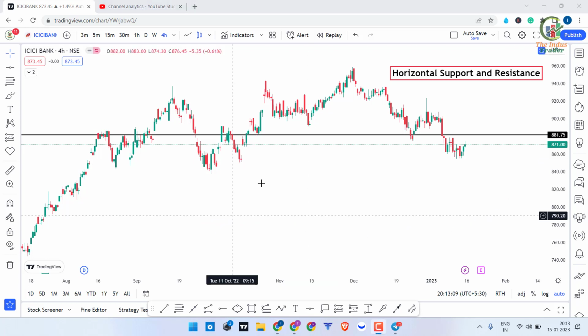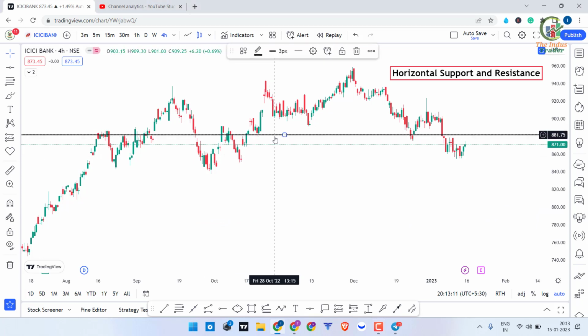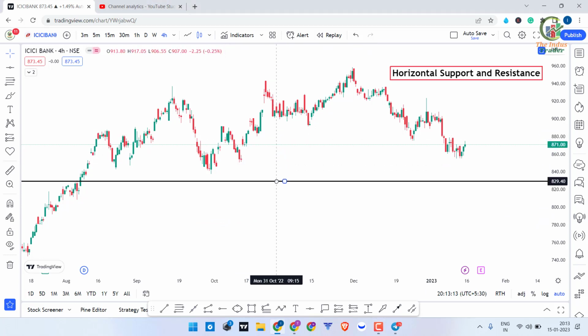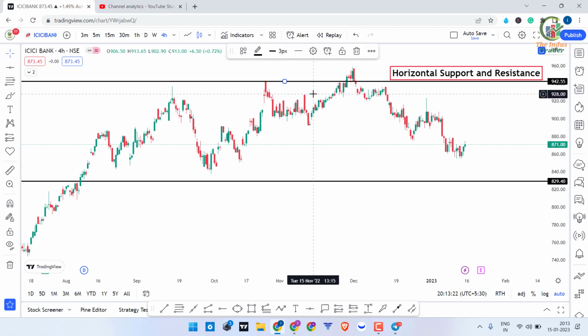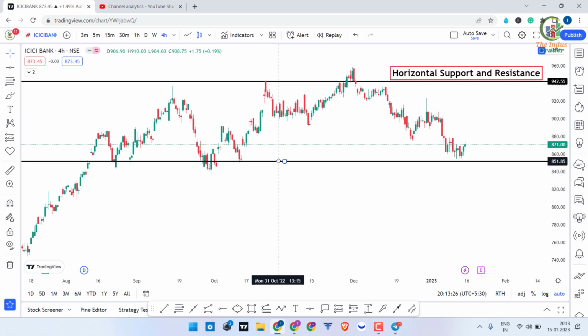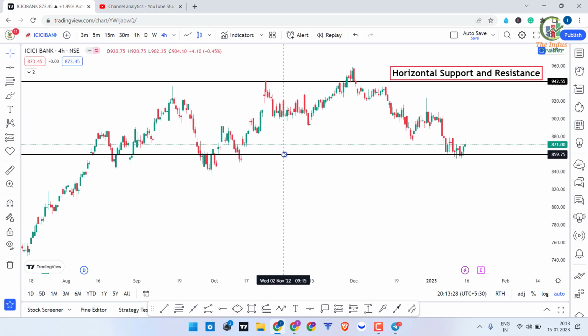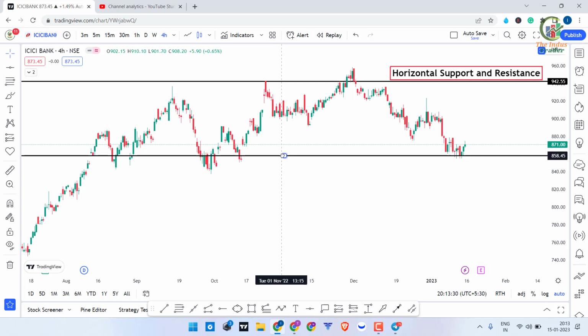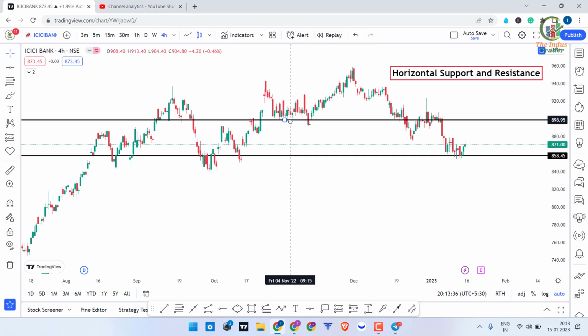So let's see how. You don't worry about how to draw. Simple, you take a horizontal line and simply place it anywhere on the screen. Thereafter you can adjust it like this.